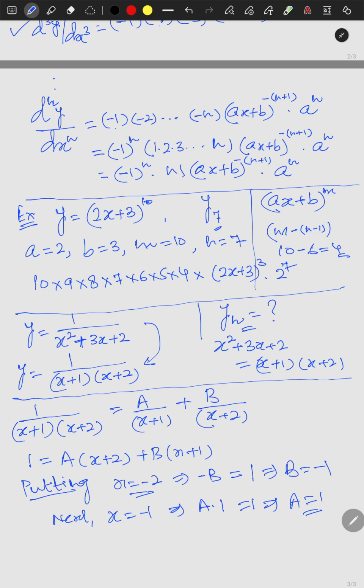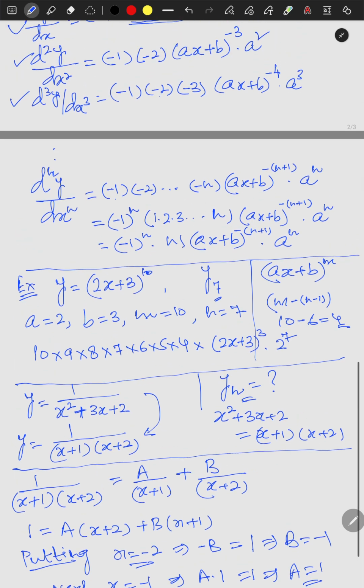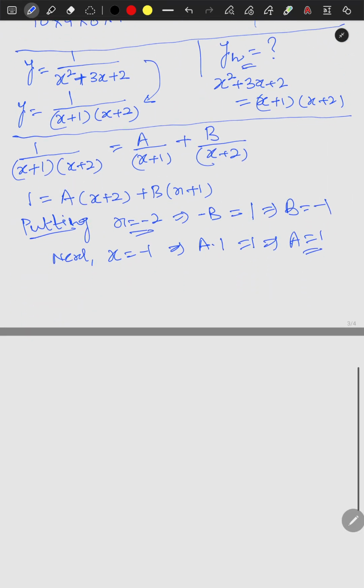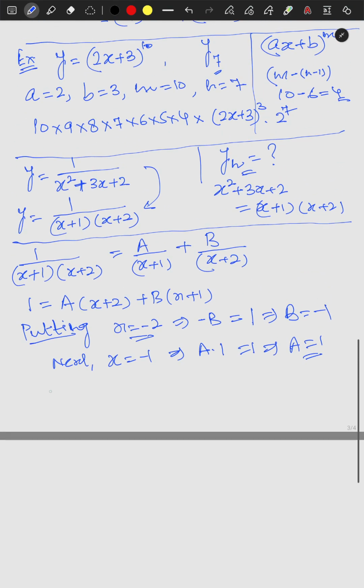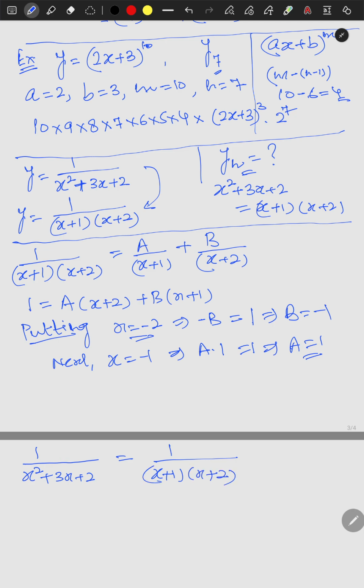Okay, so this can be written as... see what we are doing, we are breaking this x square plus 3x plus 2 as a product of linear factors. So this is x plus 1, x plus 2, and we further break it into partial fractions.